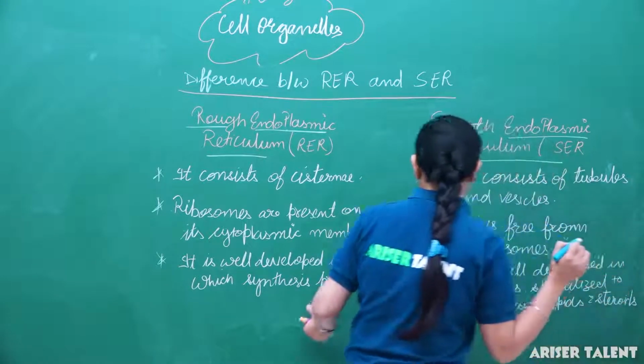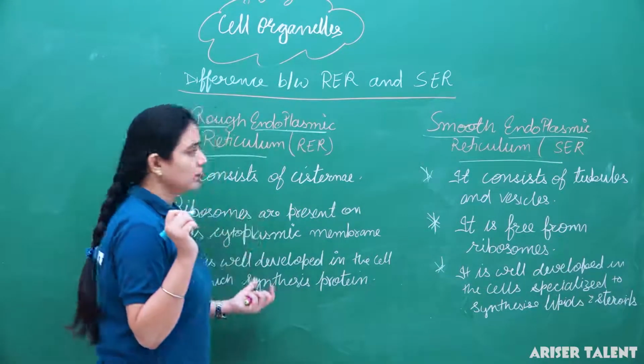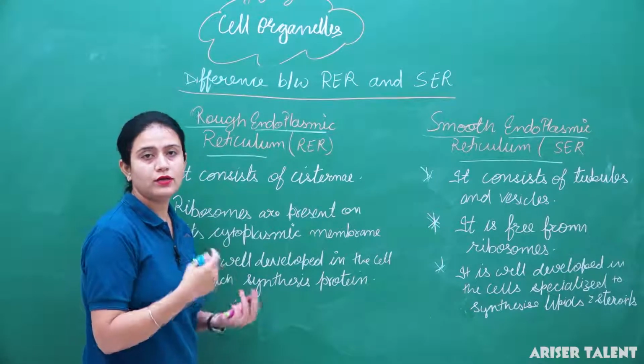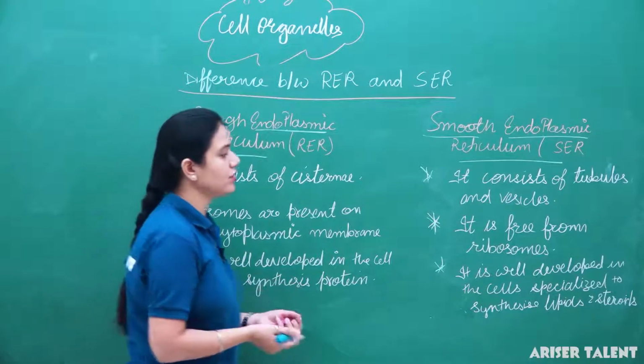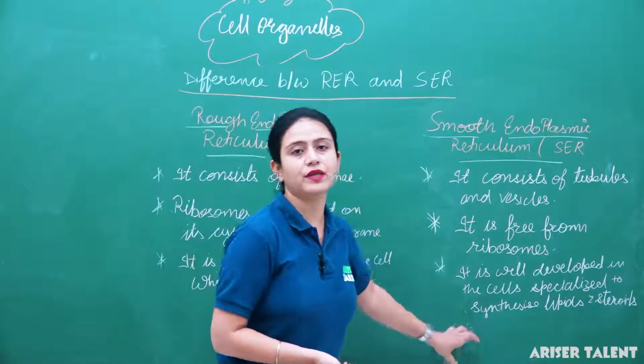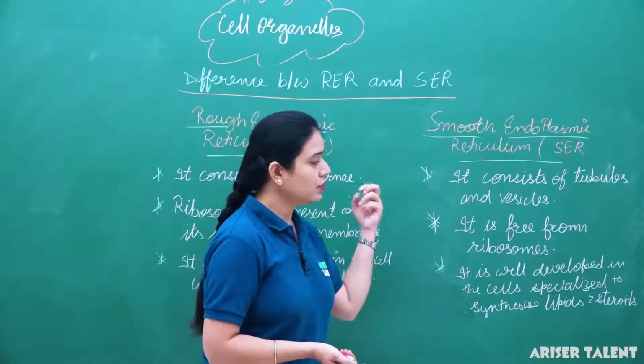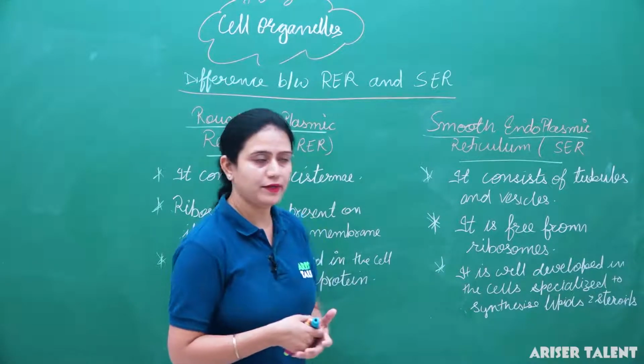Okay, and generally in RER the product passes into the lumen of the endoplasmic reticulum to be transported to other places, whereas smooth endoplasmic reticulum does not participate in it.